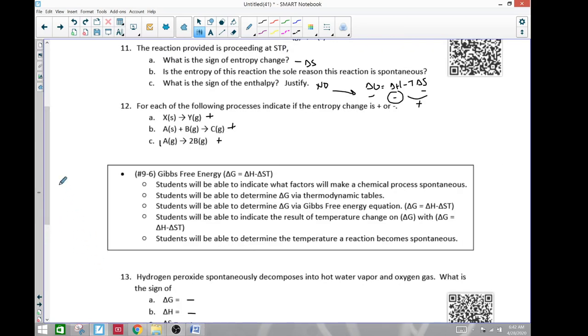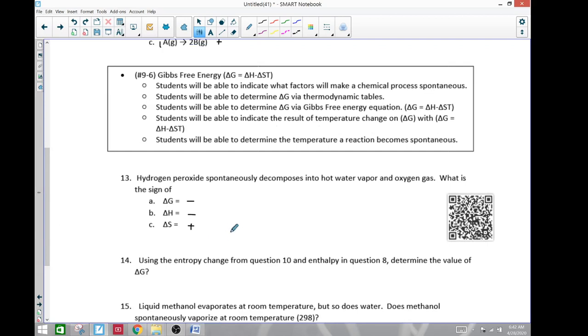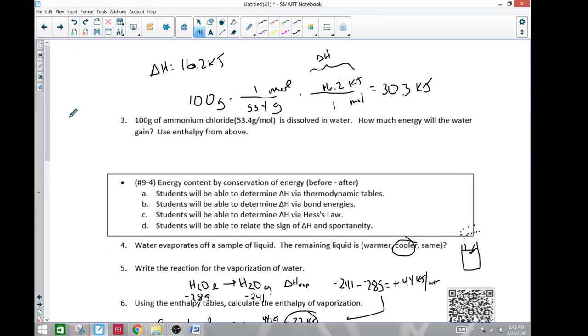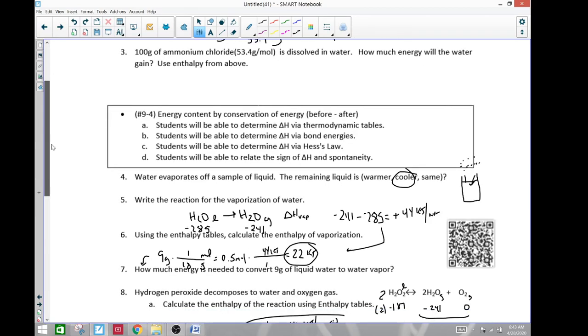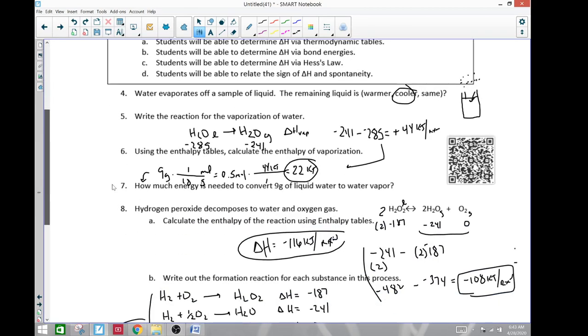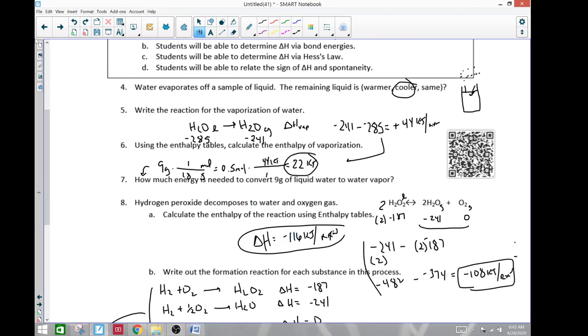So this guy here is a positive 363 joules per mole Kelvin. The delta H was on the previous page, and that one is getting on here. Negative 116. Okay.